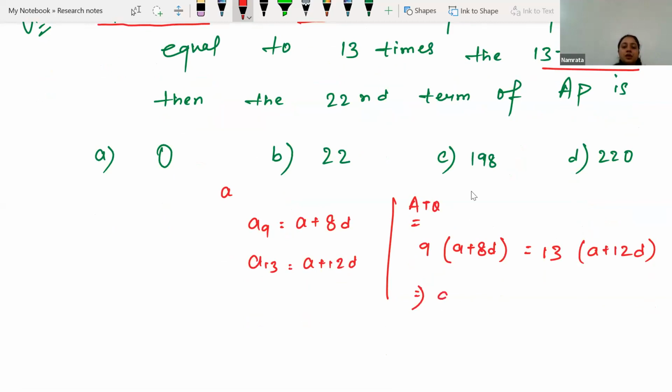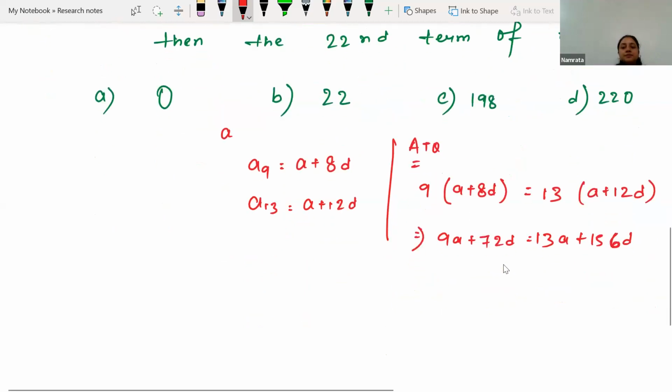What equation are we getting from here? So 9a plus 9 times 8 is 72d is equal to 13a plus 12 times 13 is 156d. Okay. Now if we keep all the a on one side and d on the other side, we will be getting 13 minus 9. What's 13 minus 9? 4. So 4a.